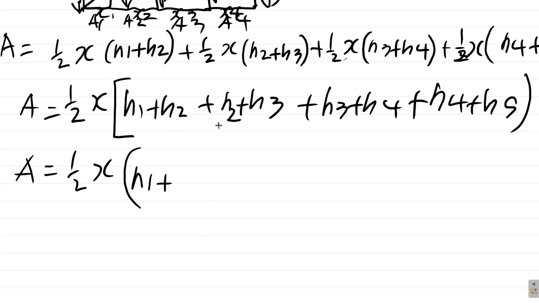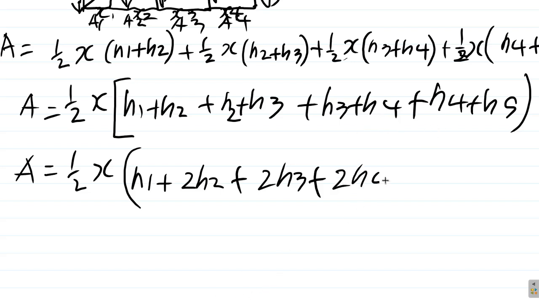Plus H2 plus H2 is 2H2, plus H3 plus H3 is 2H3, plus H4 plus H4 is 2H4.